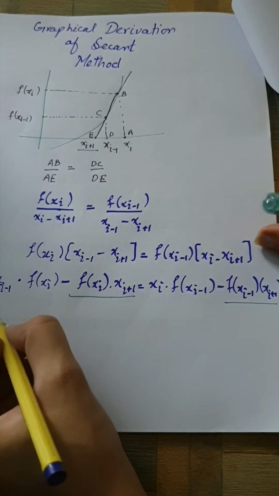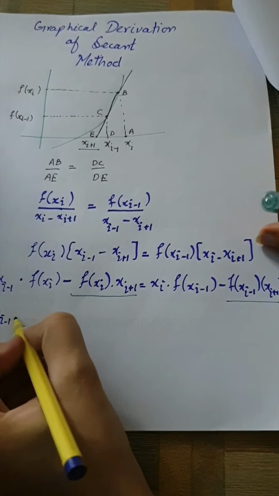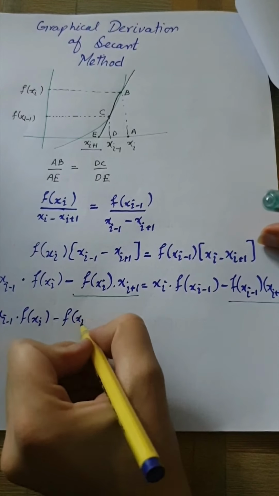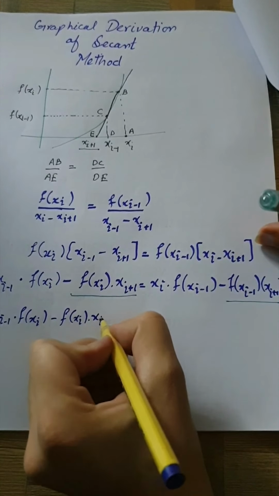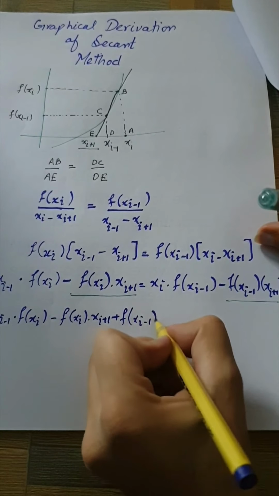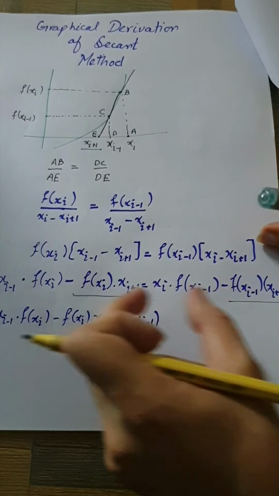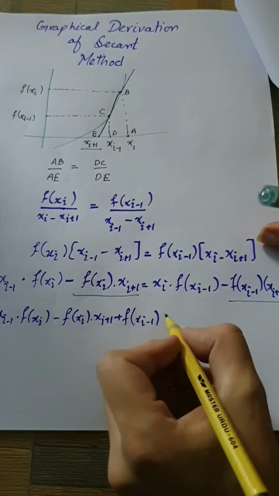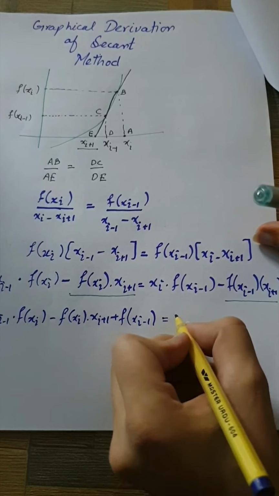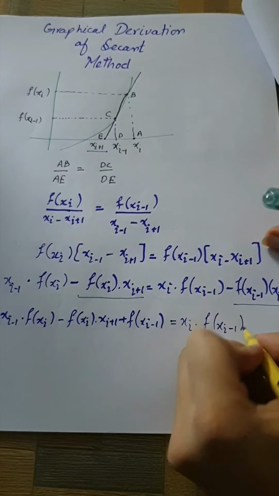I will have x of i minus 1 into f of x of i minus f of x of i into x of i plus 1 plus f of x of i minus 1. I have just taken this expression towards the left hand side. So I am left with, this is equal to x of i into f of x of i minus 1.